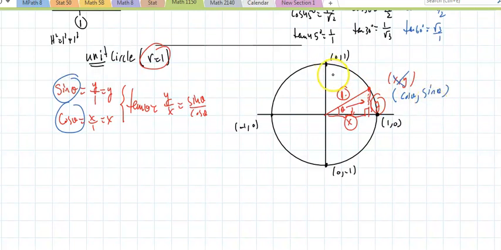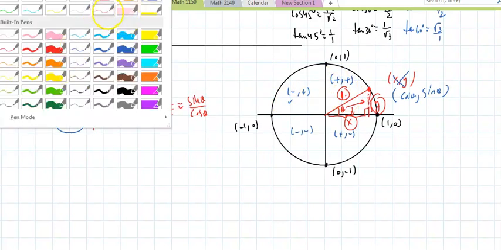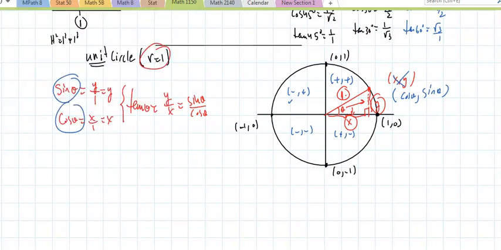And since I know that x and y are positive in quadrant 1, x is negative and y is positive in quadrant 2, they're both negative in quadrant 3, positive and negative in quadrant 4. Well, instead of memorizing that, somebody came up with this awesome, quick way of figuring this out: all students take calculus.